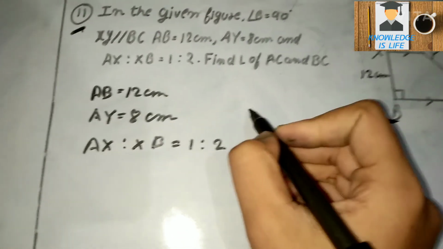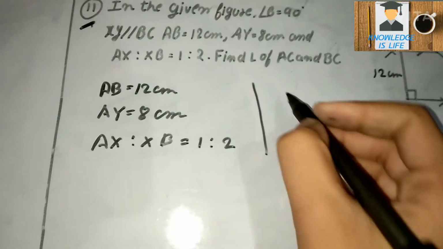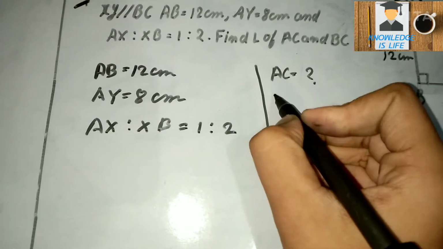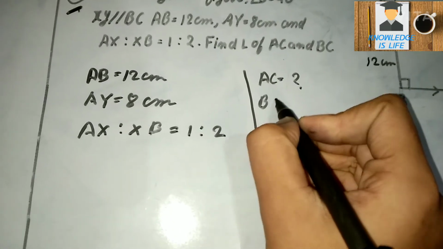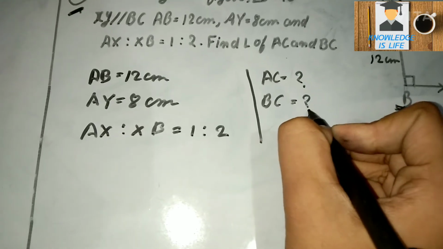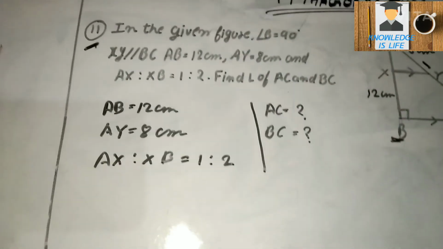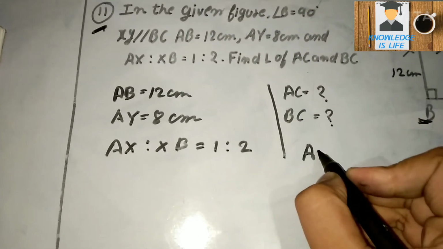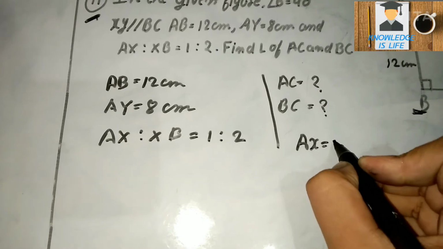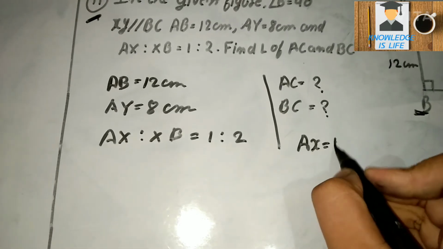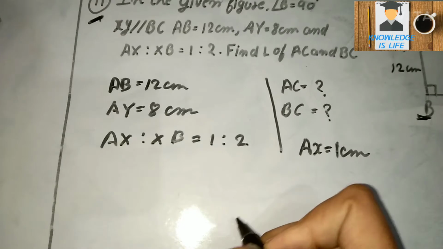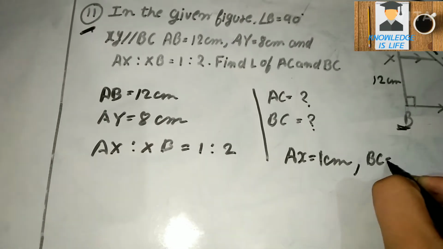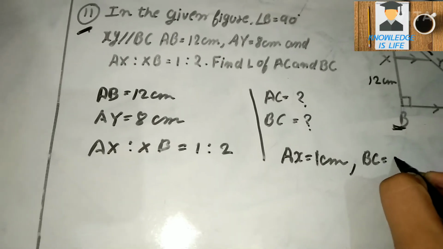So here AC is unknown and BC is unknown. Okay, so let us consider AX equals x centimeters and XB equals 2x.